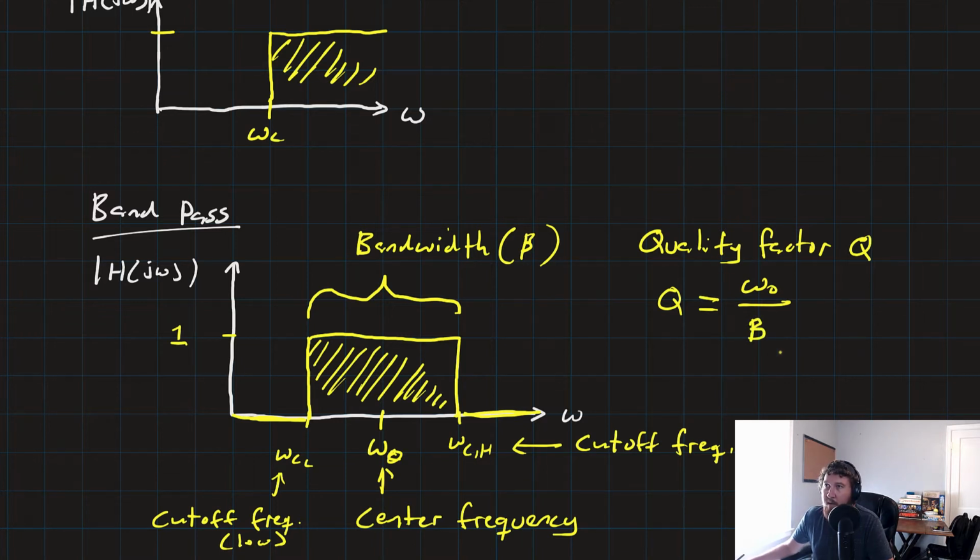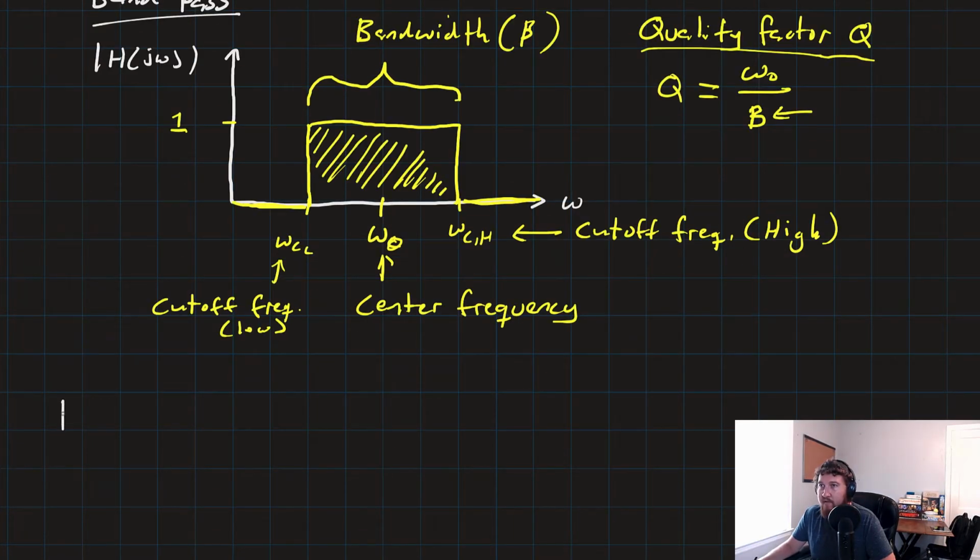So basically, a bandpass filter should have as narrow a bandwidth as possible. As the bandwidth gets larger, the quality factor goes down, and as the bandwidth gets smaller, the quality factor goes up. And that needs to be a ratio of what our frequency is. So there we go. Those are our two factors for bandpass filters.